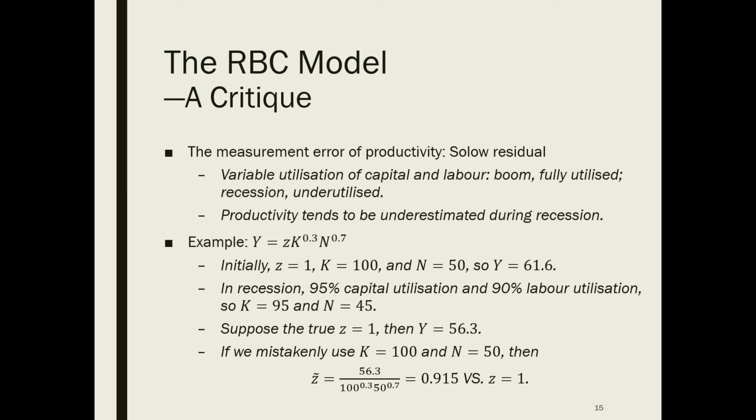However, this true situation of underutilization is not observed, so economists may mistakenly still use K equals 100 and N equals 50.